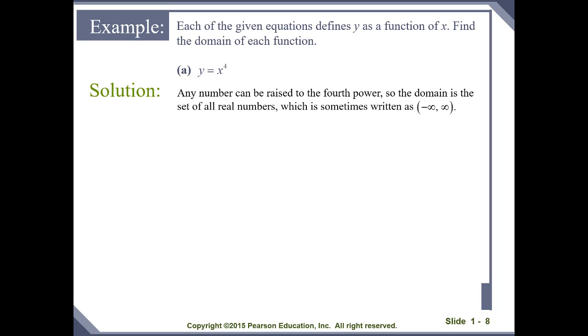You could have negative 12, you could have 0, you could have pi, you could have 33 million. The domain here is the set of all real numbers. We sometimes write this in what's called interval notation. And so we write this as parentheses, negative infinity, comma, infinity, parentheses. Sometimes we also write it in shortcut form with this symbol for the reals.